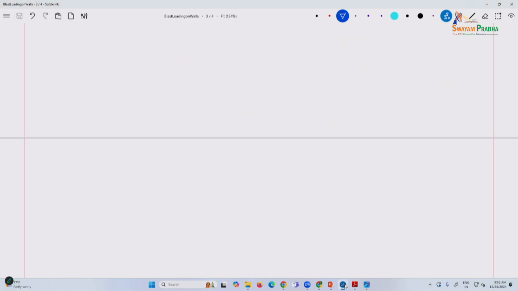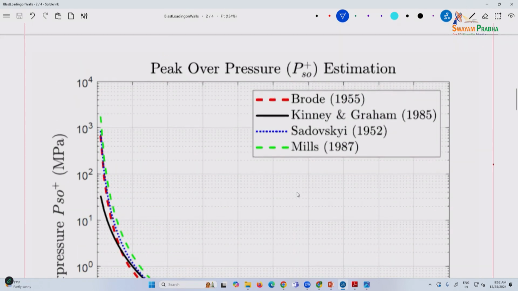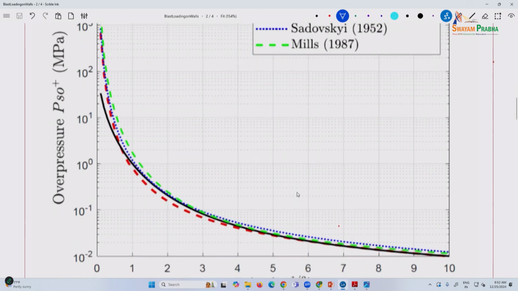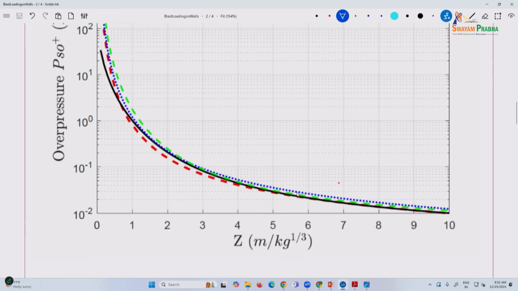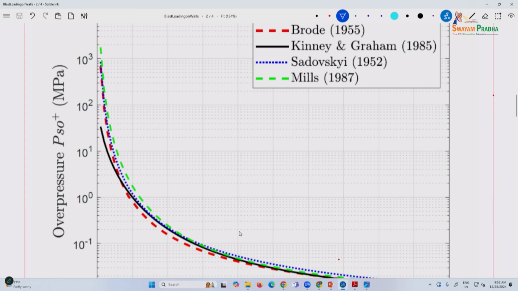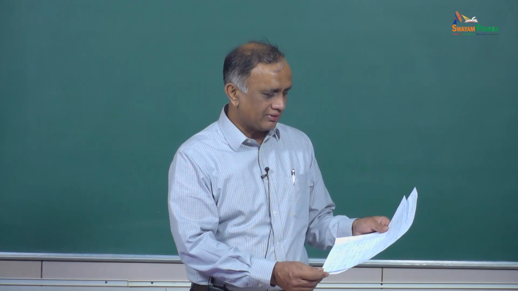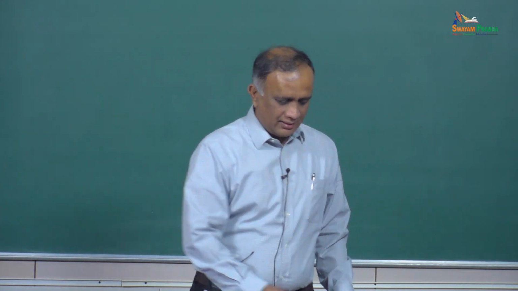Kaviyarasu has done a really nice comparison. This was actually from last night. So, you see the peak overpressure as a function of Z. This involves fairly complex calculations. I haven't shown you everything. The equations to calculate the B values are a little different for many of them.